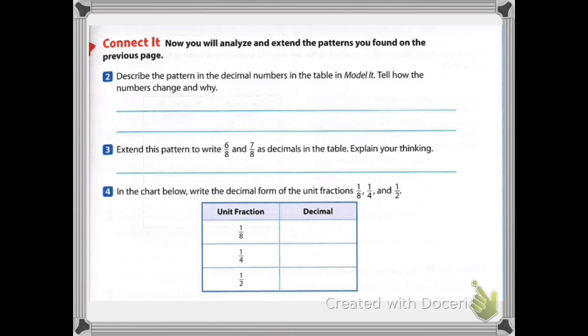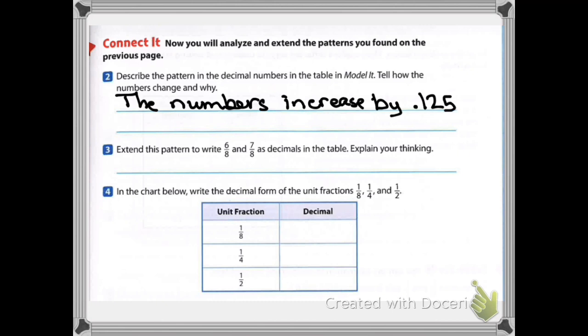Describe the pattern in the decimal numbers in the model and tell how the numbers change and why. So the pattern in the numbers is that the numbers increase by 0.125.